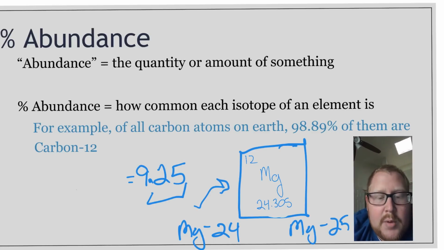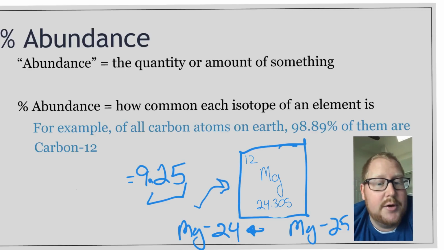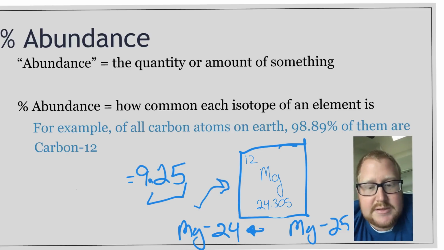And which one is going to be more common? Well, the average mass is 24.305, so that's a lot closer to 24. So this one's going to be more common, and again, about 70% of them are going to be Mg24 versus 25. So you can use that average to make some reasonable assumptions.